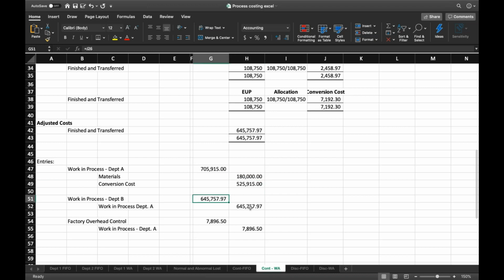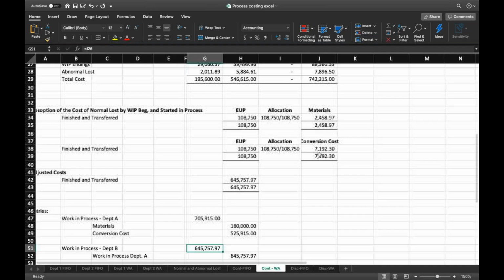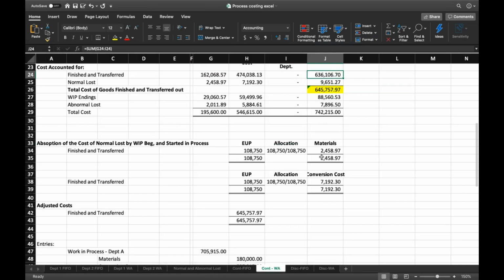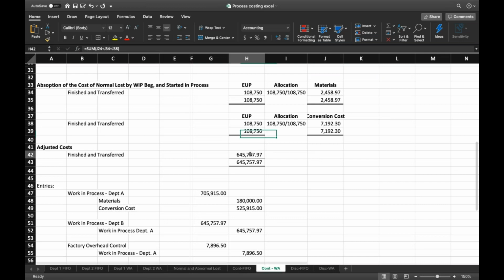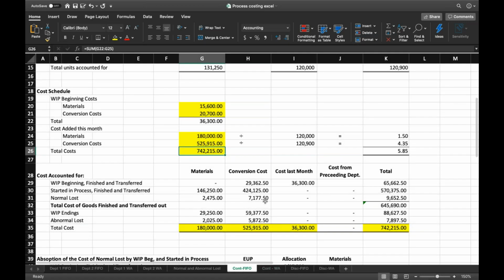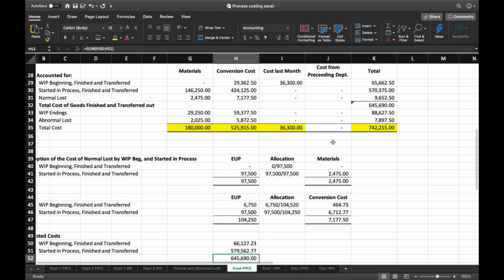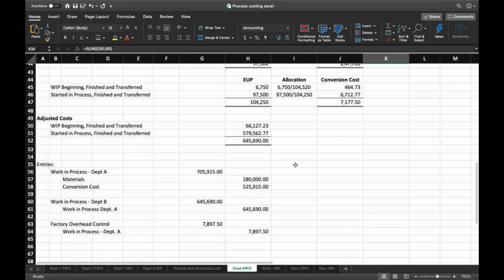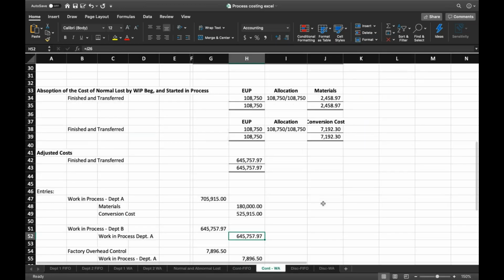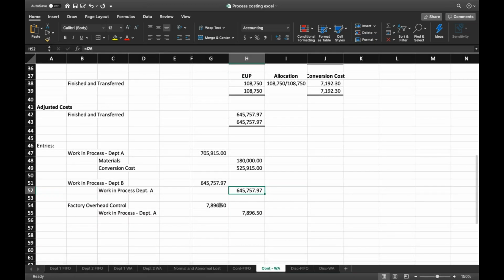Entry for the transfer, we will not use the 636, but the adjusted amount, 645. Okay? Compare mo yan dun sa FIFO natin, yun ding adjusted amount, 645. Hindi yun yung 570 and 65. Okay? And then the abnormal lost units.